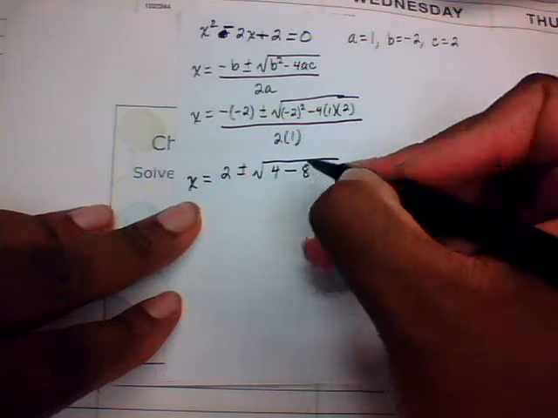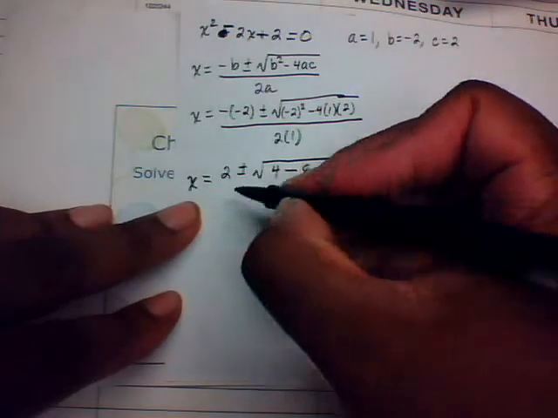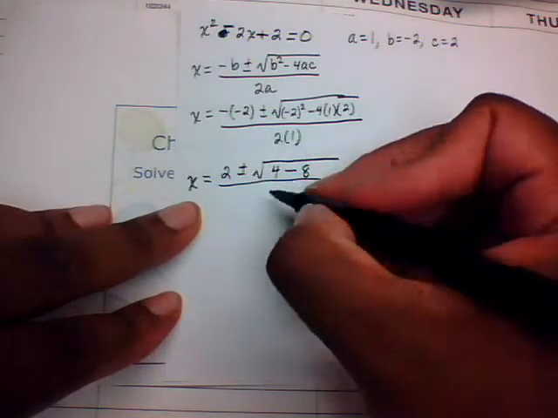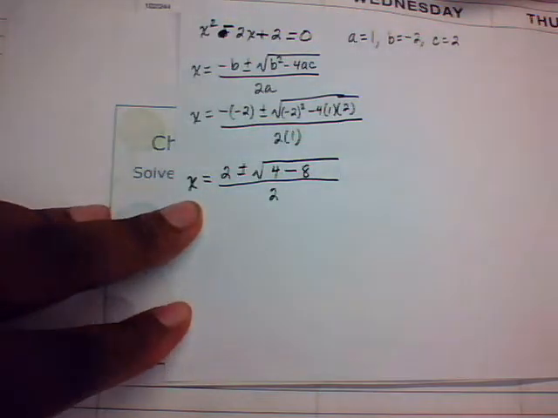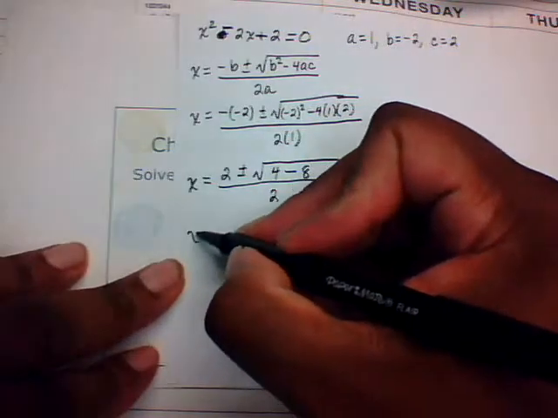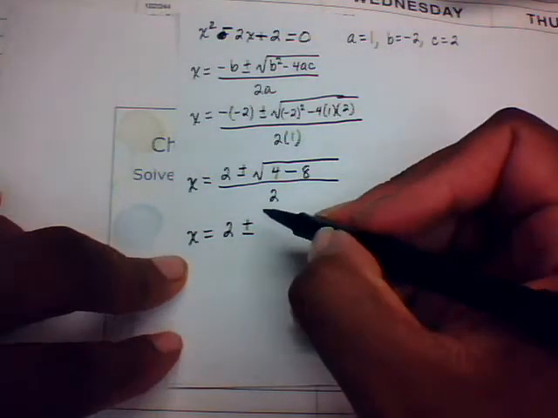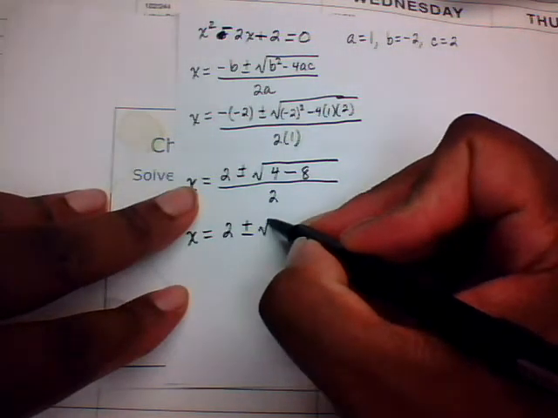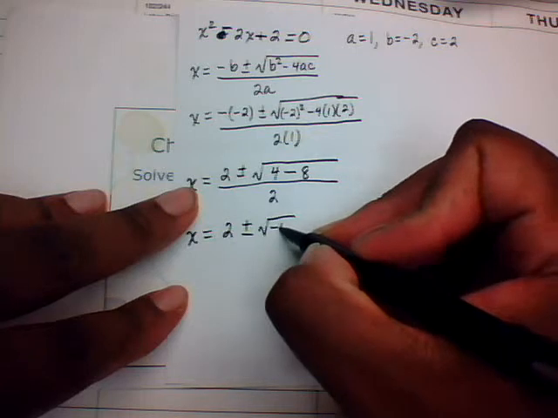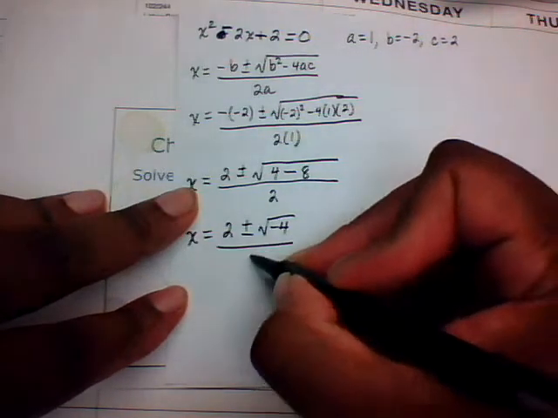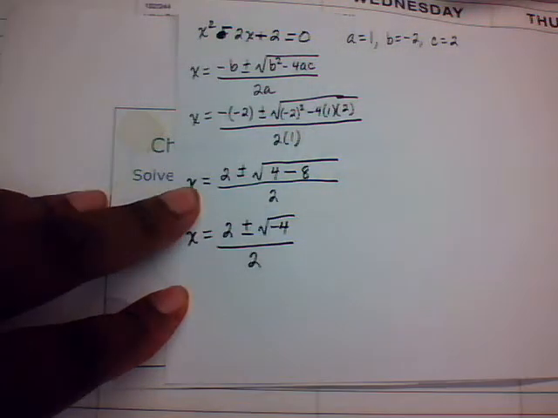So we got underneath the radical 4 minus 8, divided by 2 times 1, which is 2. And then 4 minus 8, that's going to be negative 4 underneath this radical. So we got 2 plus or minus the square root of negative 4 all over 2.